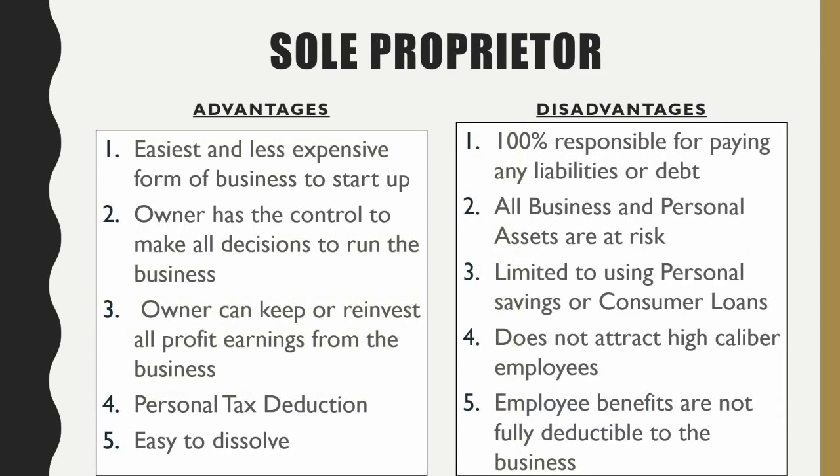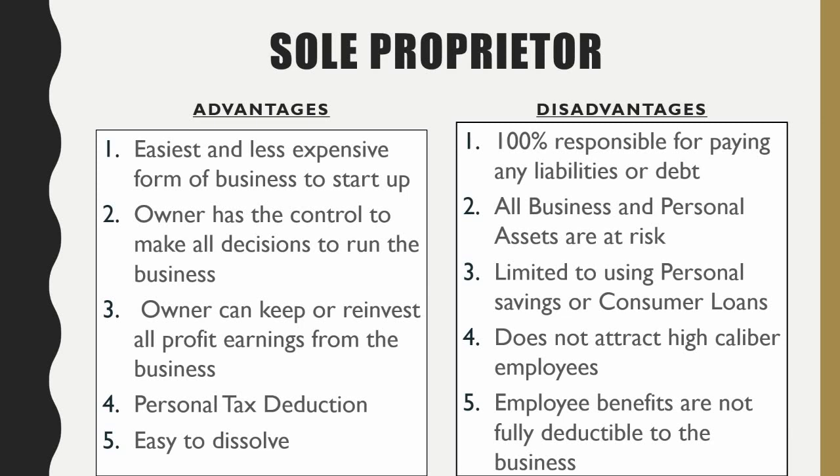So what are the advantages versus the disadvantages of being a sole proprietor? Number 1, it is the easiest and least expensive way to establish or even start up your business. Here in Nevada, I don't remember what the website's called, but you can apply for a business license pretty easily.